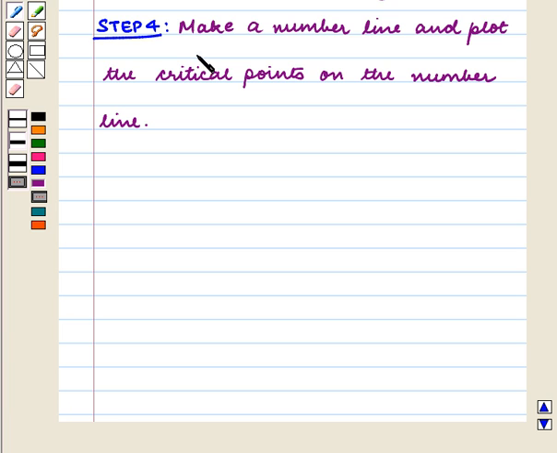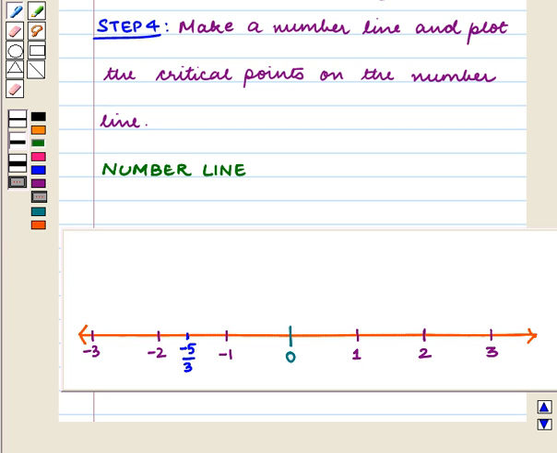Our next step is to make a number line and plot the critical points on the number line. Let us make a number line. This is minus 5 by 3 and this is number 1.